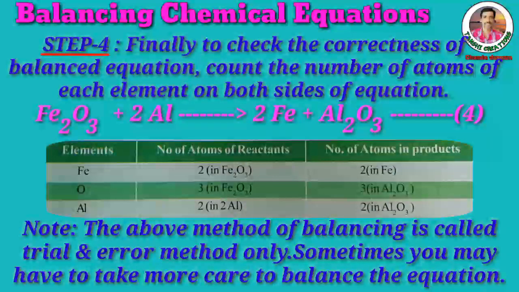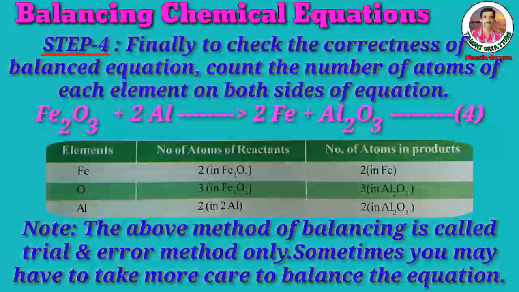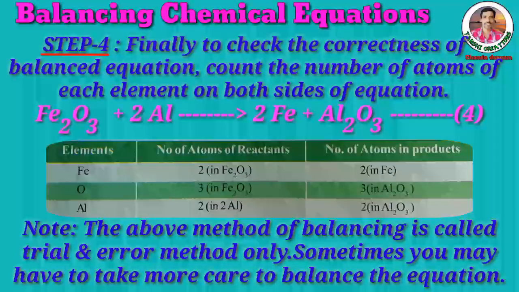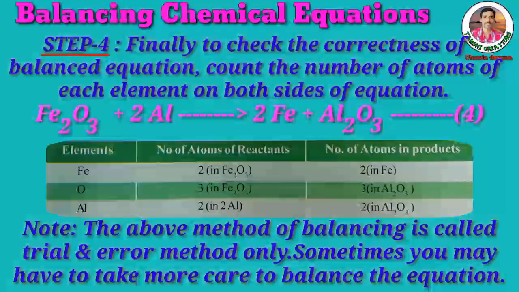In step 4, finally, to check the correctness of the balanced equation, count the number of atoms of each element on both sides of the equation. The equation 4 is balanced. So, we say that the equation 4 is a balanced equation.